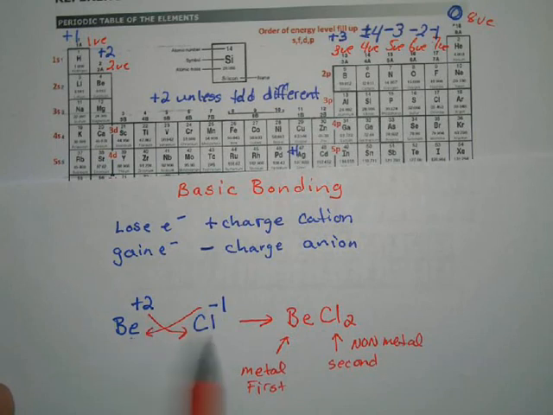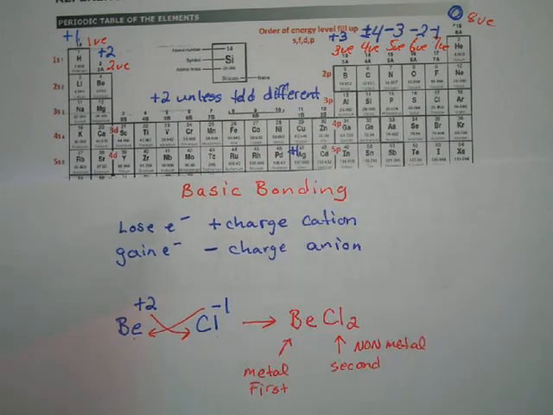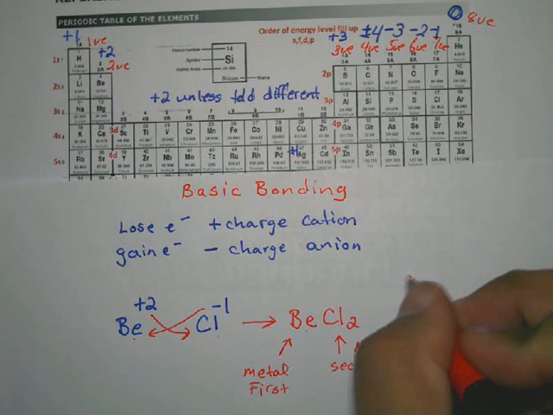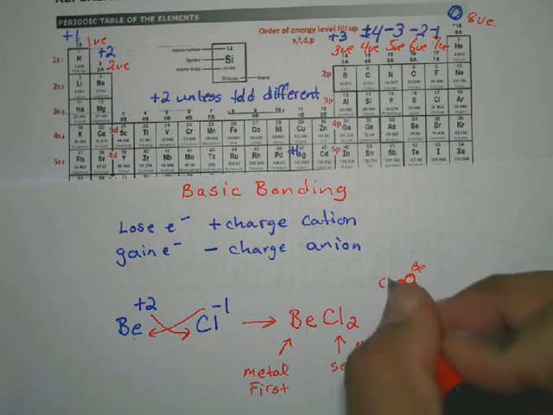And all we did was switch oxidation numbers that you find on the top of your periodic table. So now you can bond together any element. So what is this telling me here? Well, this is telling me that Be is connected to 2 chlorines. So we're going to end up with some compound kind of looking like this: a Be that's connected to 2 chlorines.